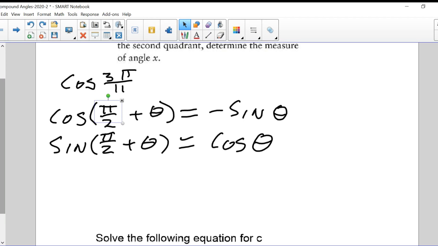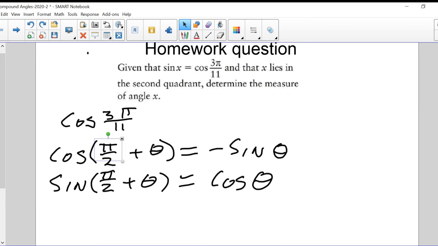Perfect. So since we know that the cosine of pi over 2 plus theta is equal to the minus sine of theta, and that the sine of pi over 2 plus theta is equal to the cosine of theta, and that's all second quadrant stuff. Is there a way that I can rewrite either side of this, is what I'm trying to get at here?